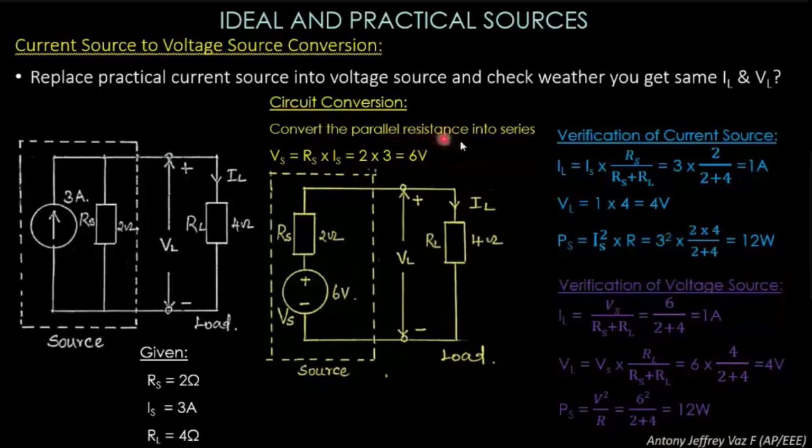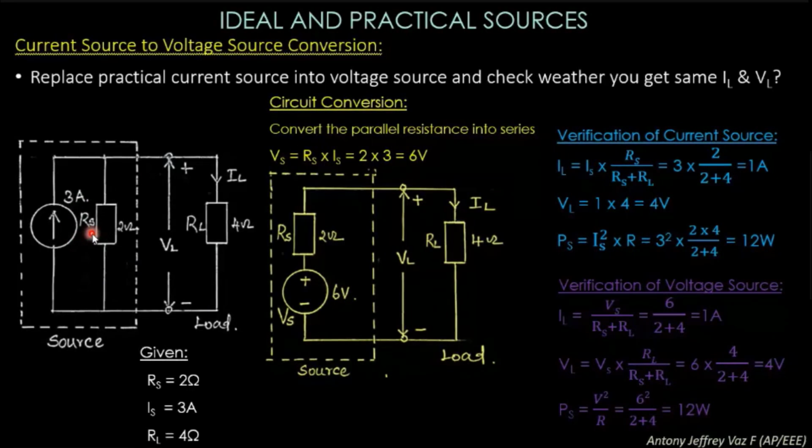First, we need to convert the parallel resistance into series. You all know this is the current source and this is the source resistance, and you can see the current source and the source resistance are connected in parallel. Now we need to convert this parallel combination of source resistance into a series combination.